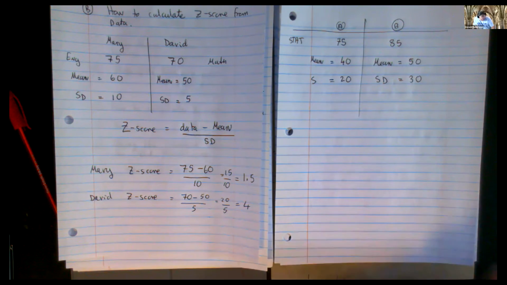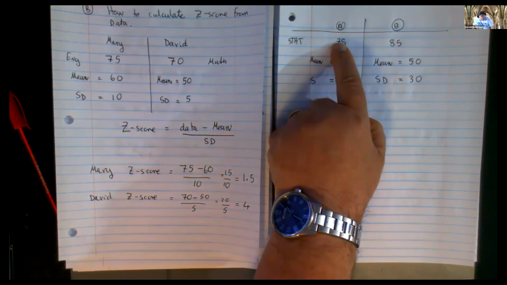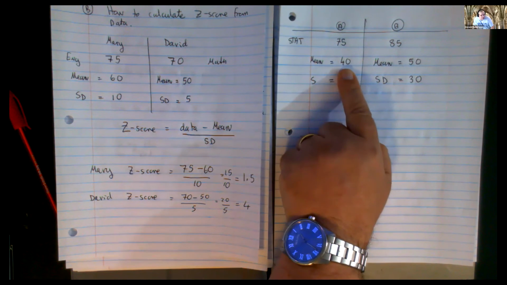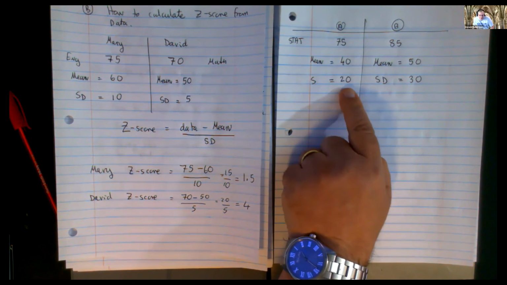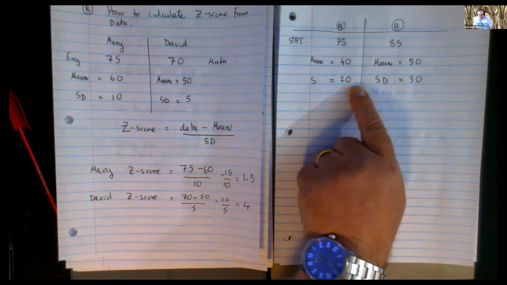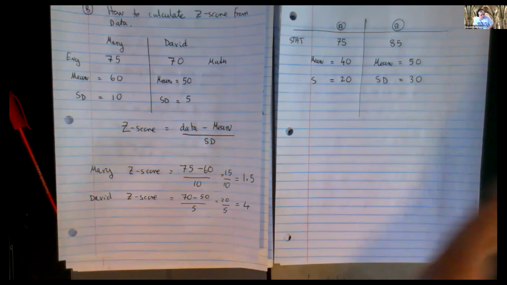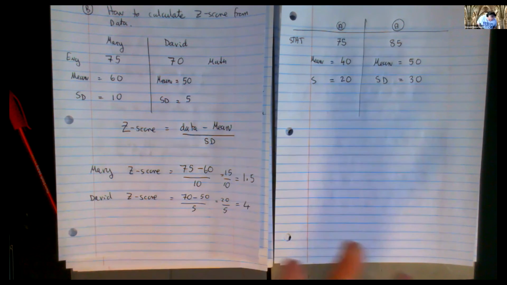Because obviously 75 is less than 85, but didn't he do it in a test where the average was less? So that's in his favor. The standard deviation is quite big, but in this class, the standard deviation is huge. And that has an effect on how hard or easy it is to get a particular score.